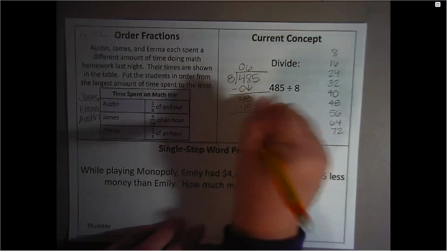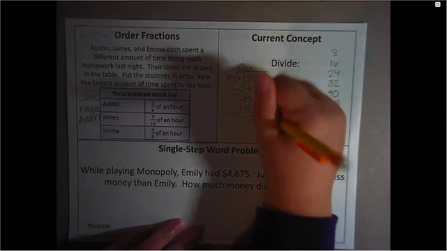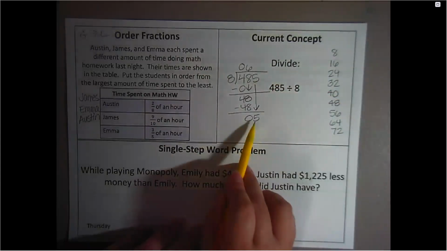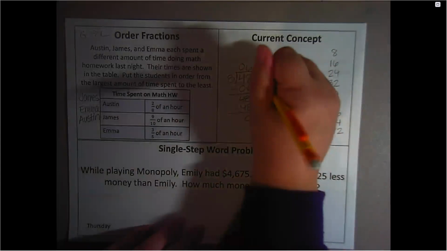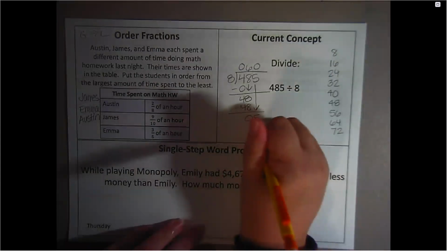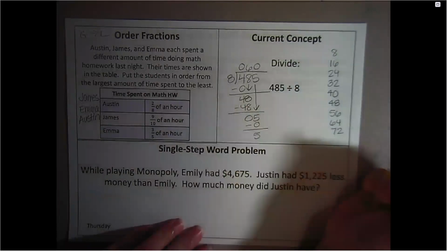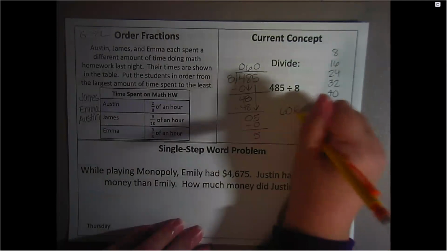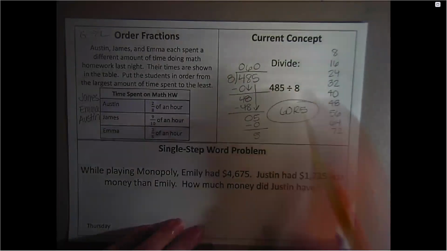I subtract, I'm left with 0. Bring down the 5. 8 cannot divide into 5 because it's smaller, so I'm going to put a 0 up here. 8 times 0 is 0. I'm left with 5. So my answer is 60. That's the quotient with a remainder of 5. And that is my answer.